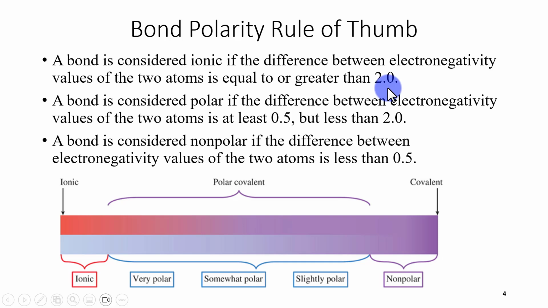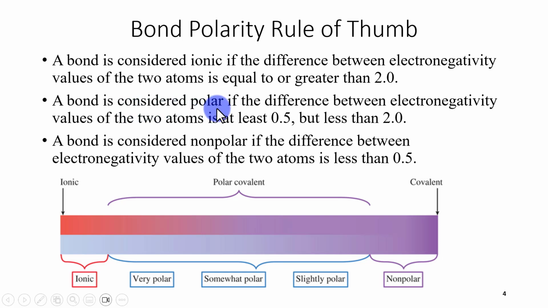So look at the table, and do the electronegativity difference, not addition, but difference between the 2 atoms that are involved in the bond. If it is equal to 2 or higher, then it is considered an ionic bond.